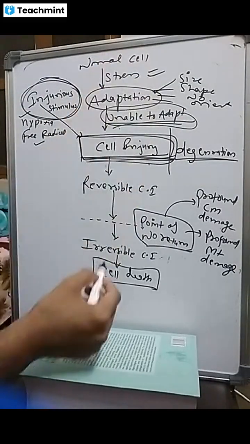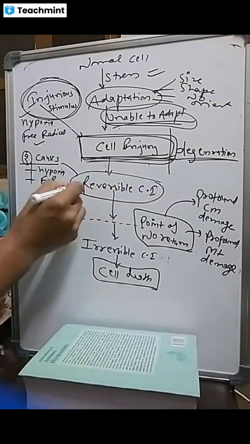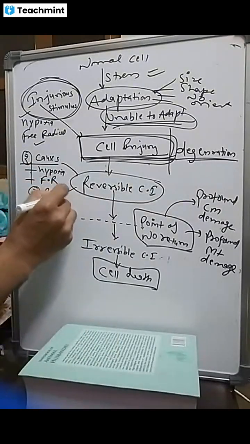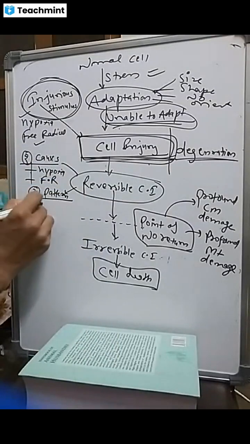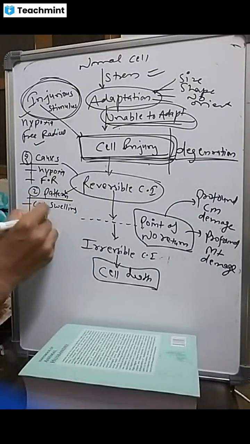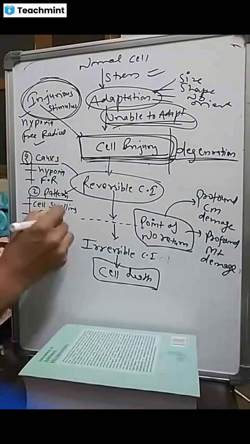So in this lecture, we'll study what is reversible cell injury and its two causes: one is hypoxia, one is free radical. Then after this injury, we will be getting two patterns, cell swelling and fatty change.